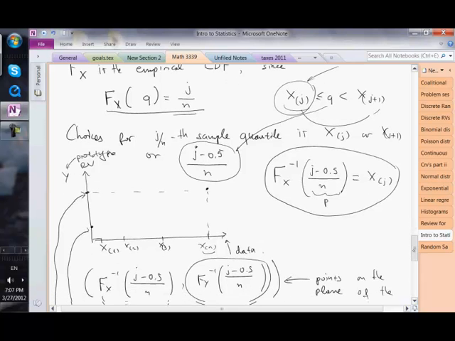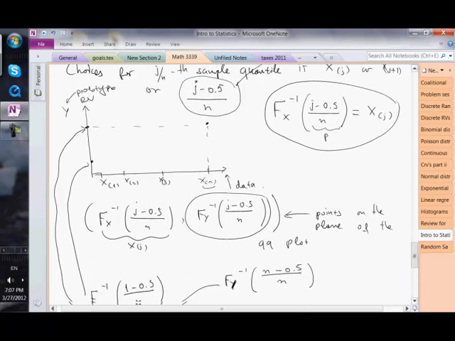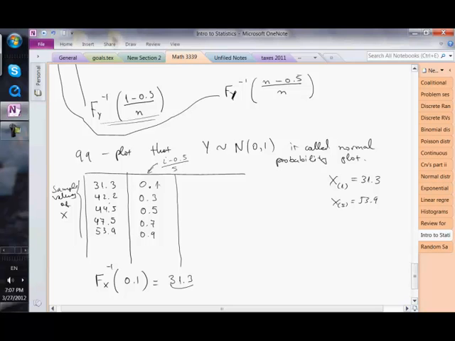Since I have 5 points only, my quantiles are the 10%, the 30%, the 50%, the 70%, and the 90%.